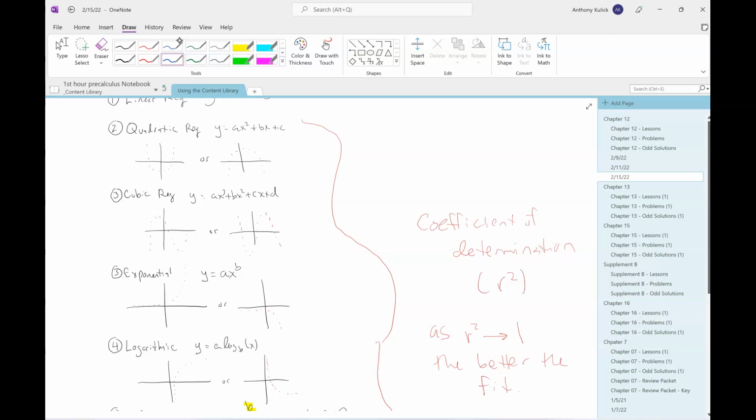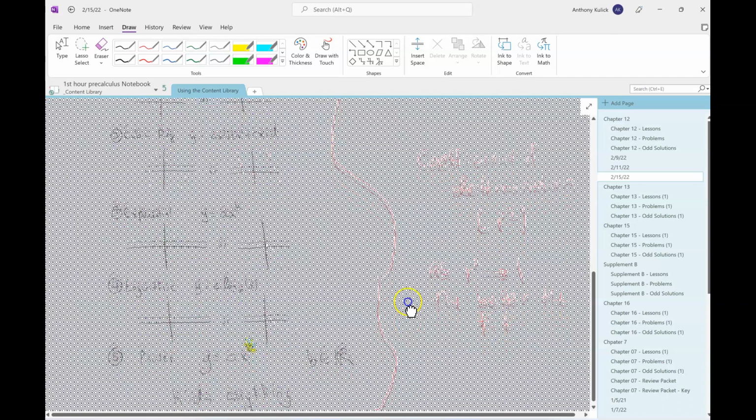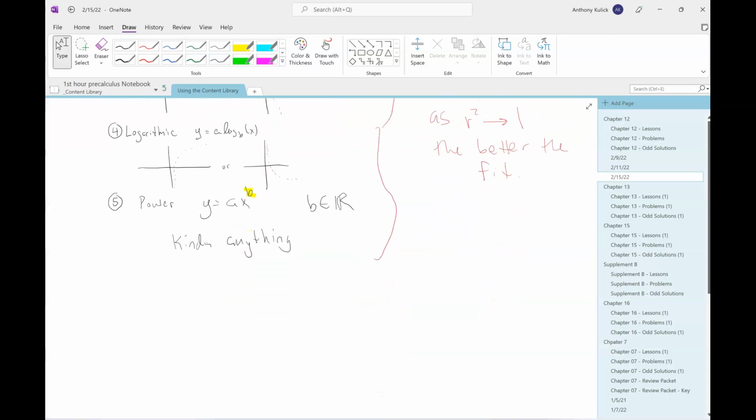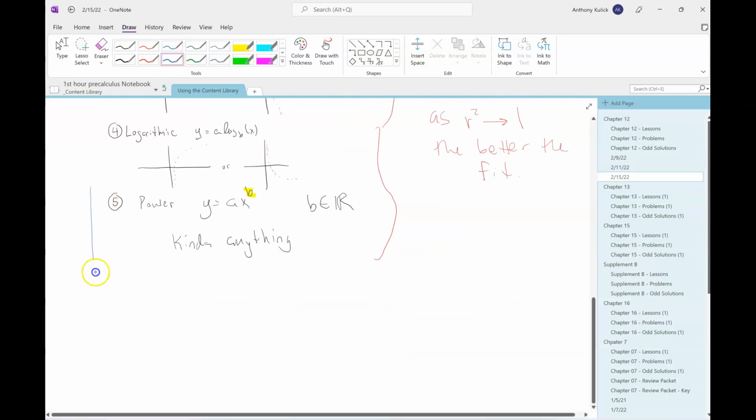We'll do some examples here in a few minutes, but a little bit more I want to talk about with regard to this power model. So in the power model, B we call the power, and A we call the constant of variation.